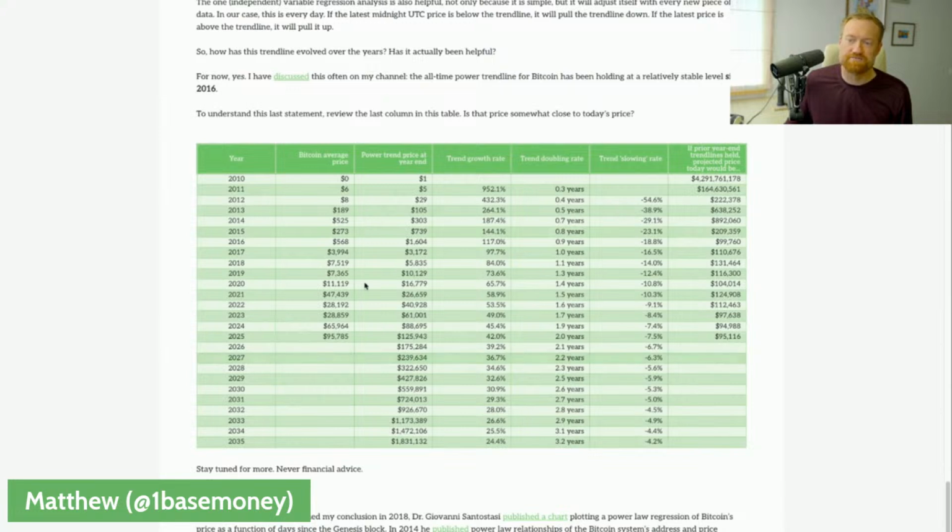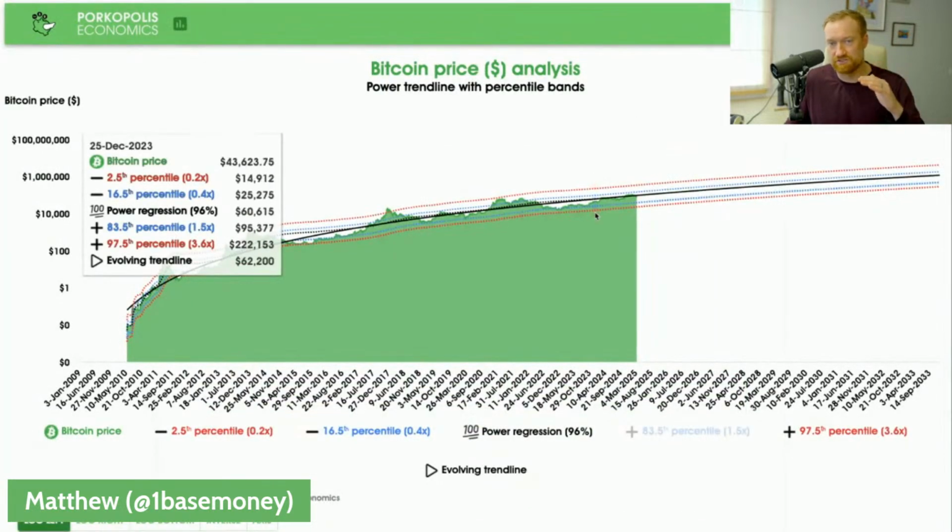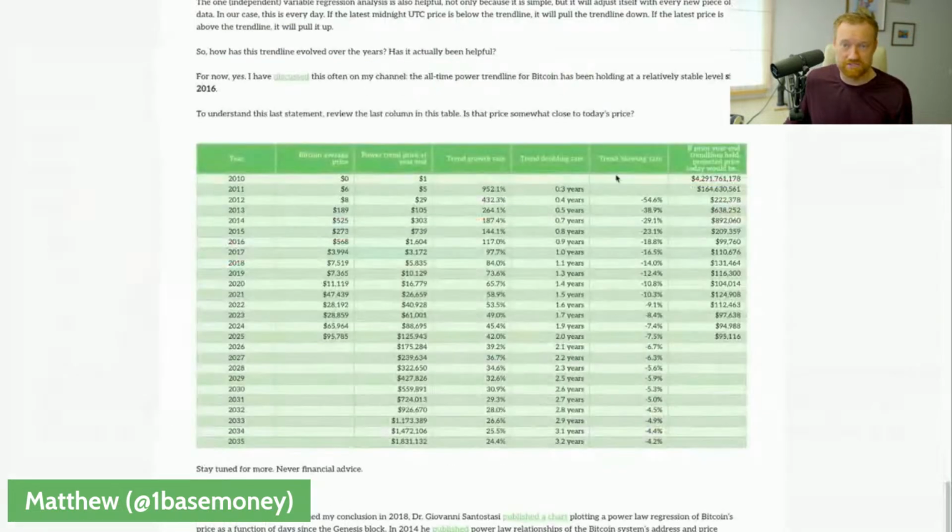And then here, for the actual, to sort of translate it into compound growth, we're running right now between 45 and 42% per year compounded on the power trend. The power trend is moving down from 45% compounded. All right, the slope is getting gradually a little bit less, but not much, from 45% to 42%.